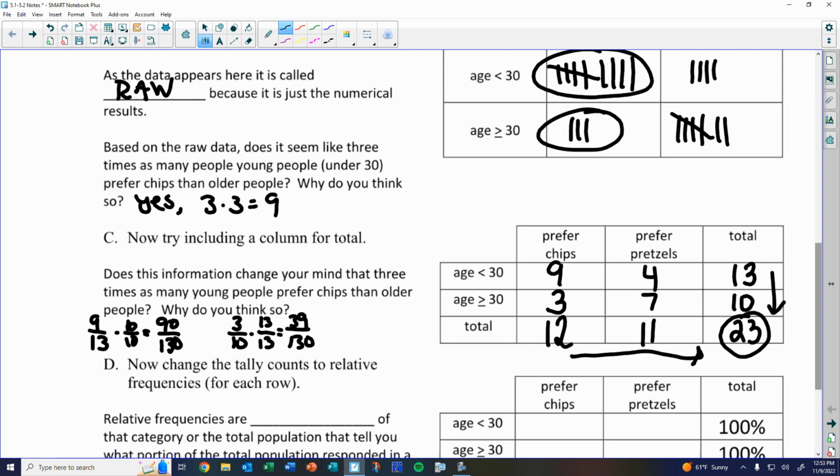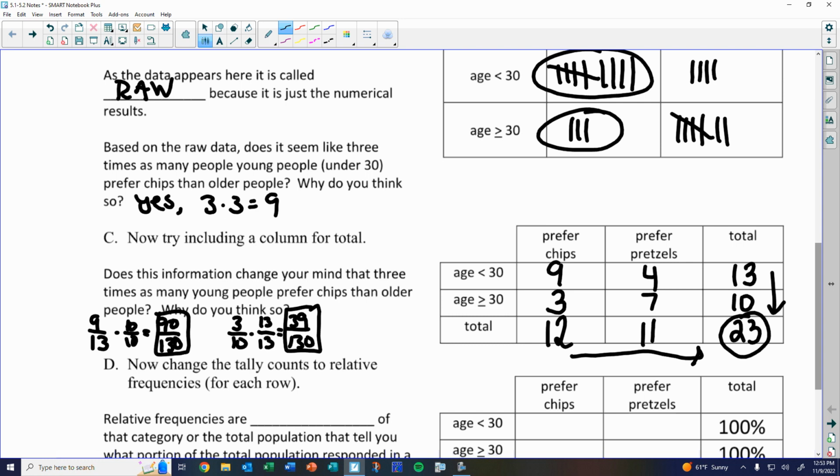So remember, this fraction right here is for the older people, 30 or older, and this is for the people under 30. Is the 90 over 130 3 times more than the 39 over 130? No, because what's 3 times 39? Is it 90?